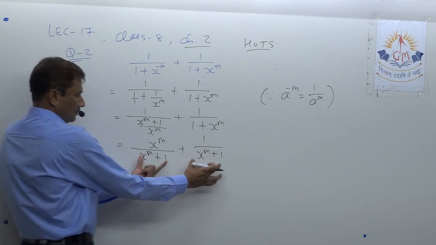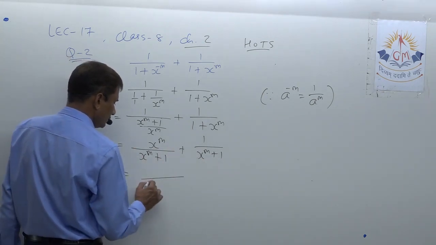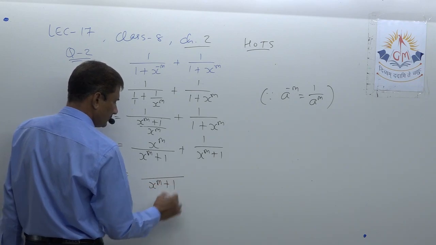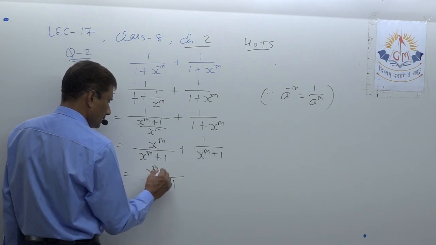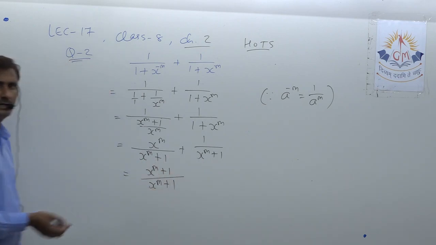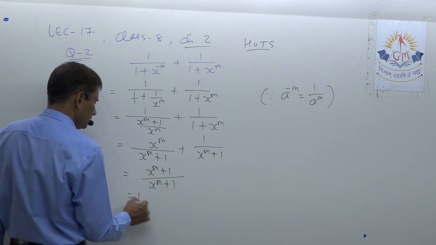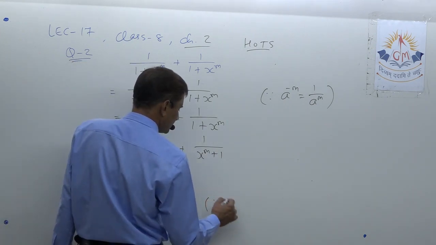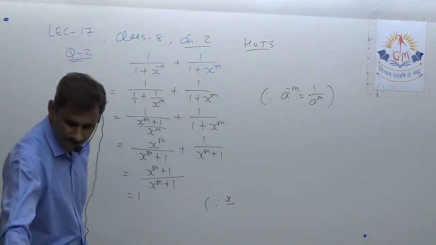Now again both have the same base, so no need to take the LCM or multiply anything, just add both numerators. So they become totally equal. If numerator is equal to denominator, it equals 1. You can write the reason: x by x or any a by a equal to 1.